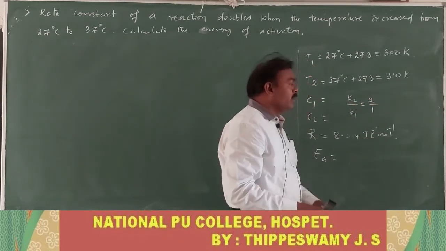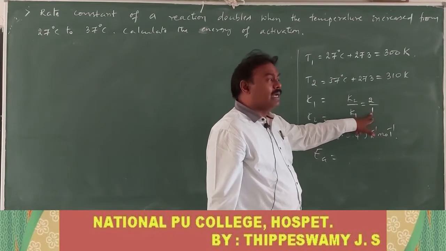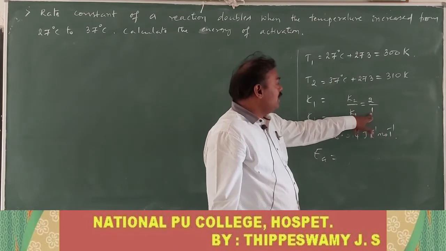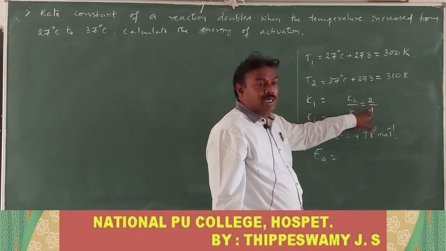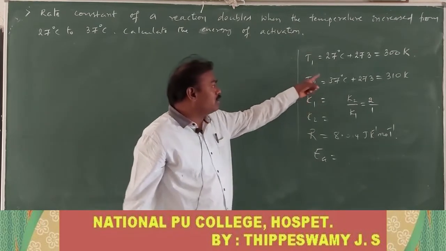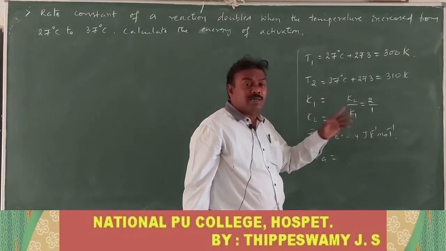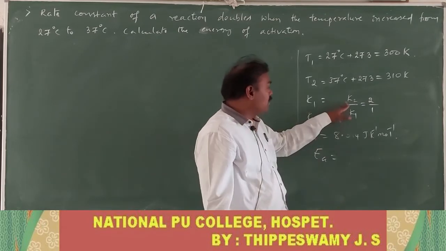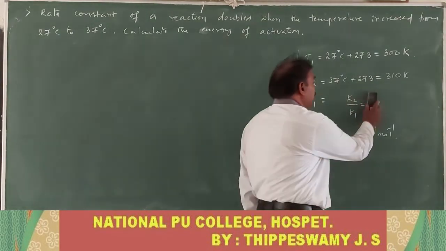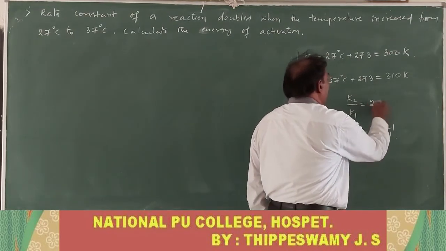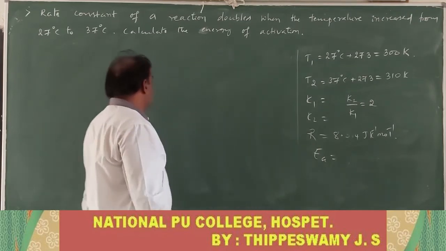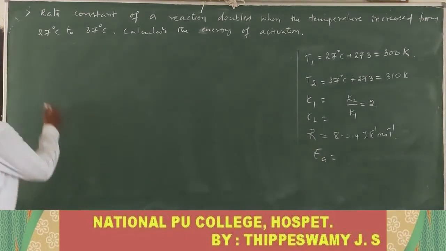At the lower temperature of 27 degrees Celsius, the rate constant K1 will be 1, then K2 will be double. When the temperature is increased from 27 to 37 degrees Celsius, the rate constant doubles. So we take K2 by K1 equal to 2 by 1, or simply 2, both are the same. Now take the values and substitute them in the given formula.